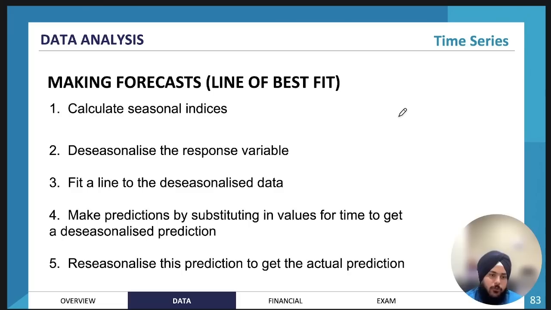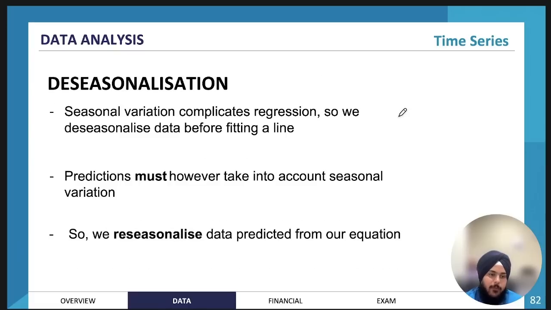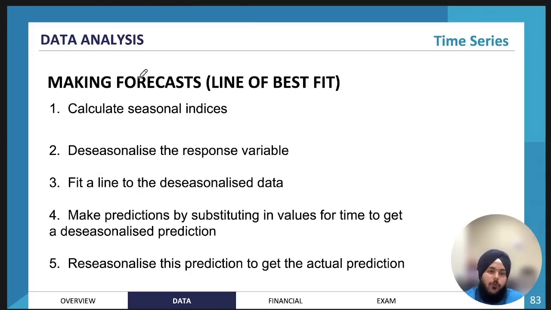So let's just go through. Once you've deseasonalized values, you will get a set of deseasonalized values, and then from there you can construct a model, which is called forecasting in this case. First step, calculate seasonal indices for all the different seasons, which in an exam scenario will usually be given to you. Next step, calculate the deseasonalized values for each of the seasons or each of the months or weeks.